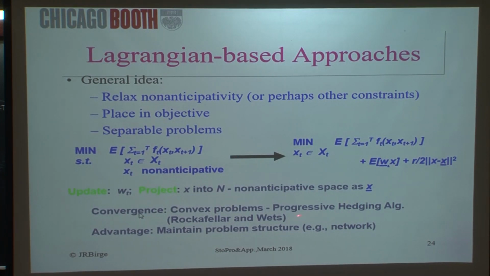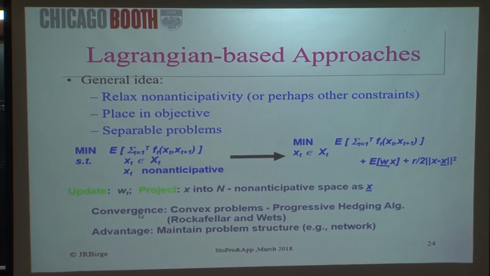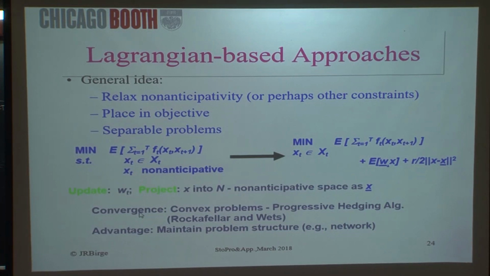So these progressive hedging algorithms have been used in a lot of different problems. One that a lot of people use them for are electric power problems, which I'll talk about in the last session. But in those electric power problems, you have lots and lots of generators, and you're trying to decide when do you turn the generators on, when do you turn the generators off, and many, many time periods.